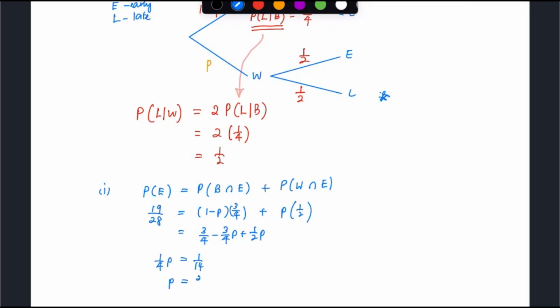So P would be 2 over 7. This will be for part 1. This one is to sum up along the branches, so this one is E-math.